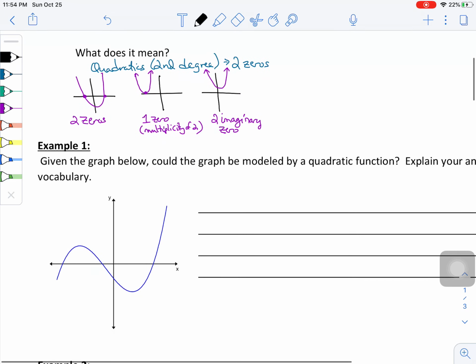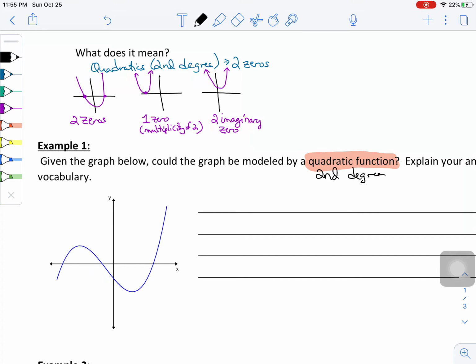All right. So example number 1, given the graph below, could the graph be modeled by a quadratic function? So we just talked about quadratic functions, and we just mentioned that a quadratic function is a second degree function.